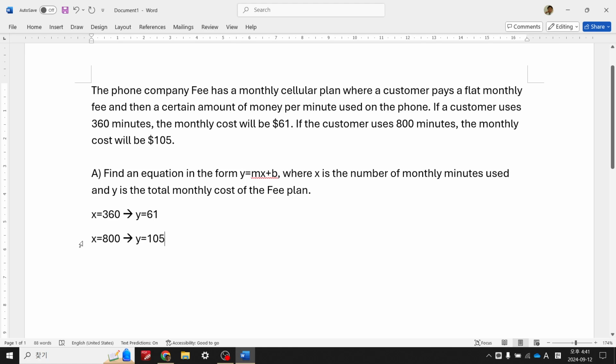Because we said x is the minutes and y is the cost, right? And that means, in terms of x comma y on the plane, this means 360 comma 61. And the second one means it's 800 comma 105. Okay? You get that?